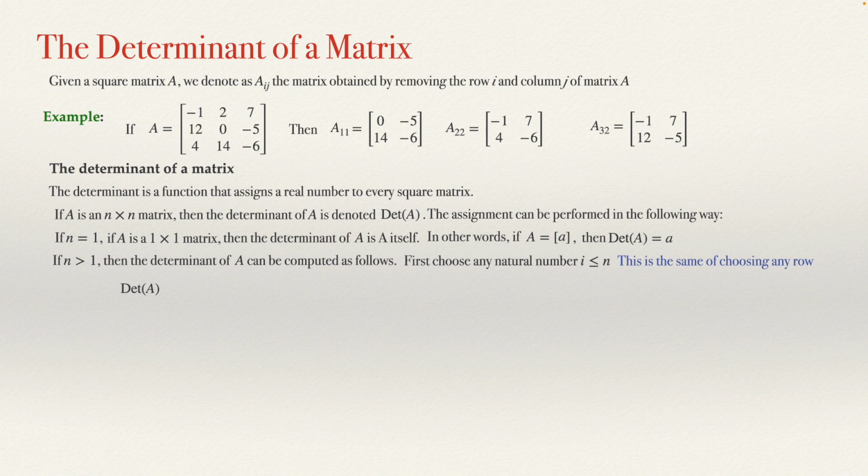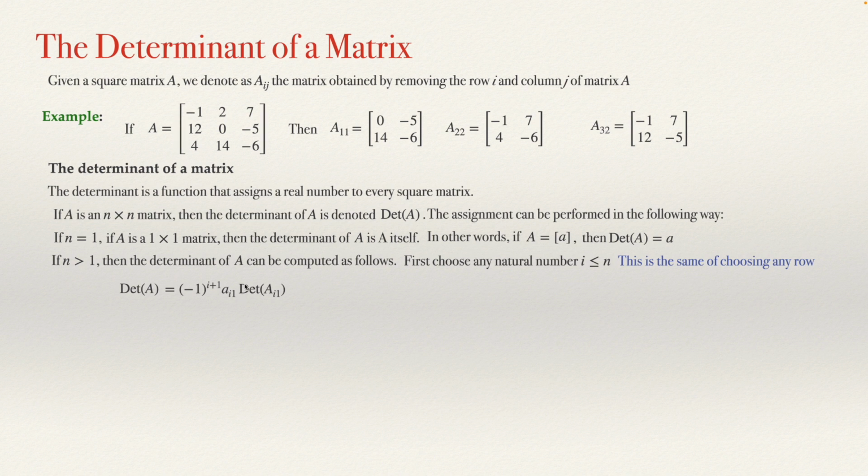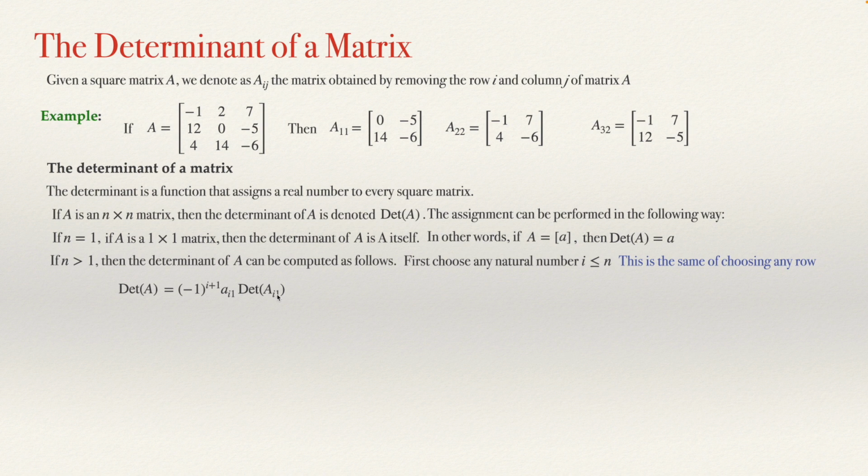Then the determinant of A will be given by minus 1 to the power I plus 1 multiplied by A sub I1, and this multiplied by the determinant of this matrix A sub I1. Observe what everything is.